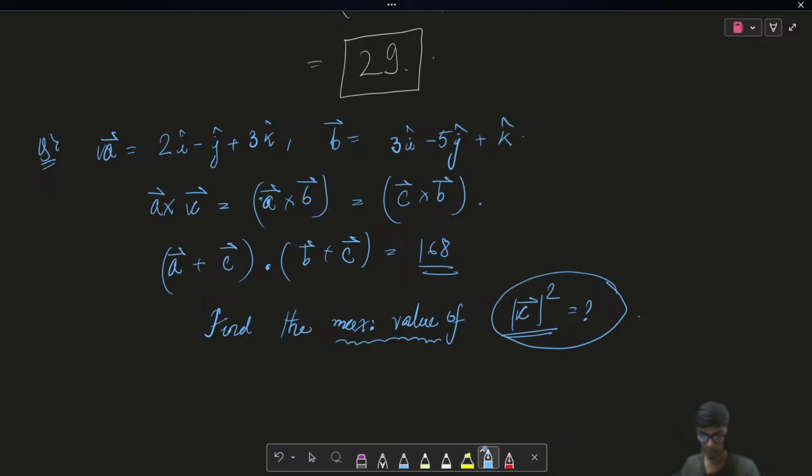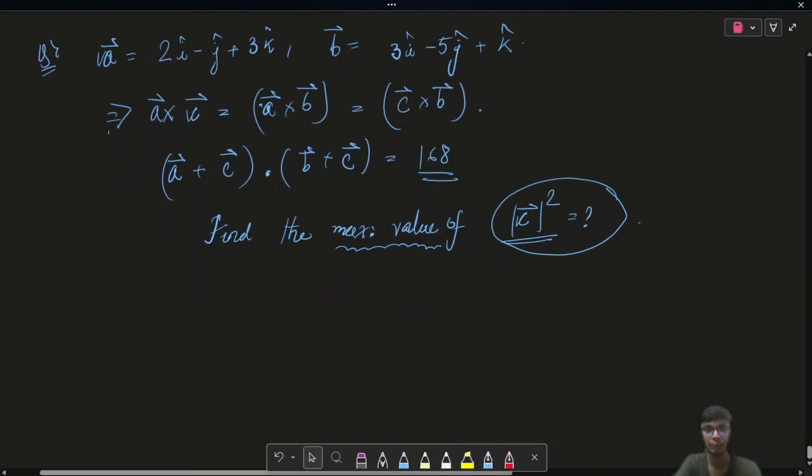This is a very interesting problem, and to solve this question, you need to have certain basic understanding regarding how to evaluate this particular expression, and then the question is straightforward. So let's try to see how you will evaluate these kinds of problems.